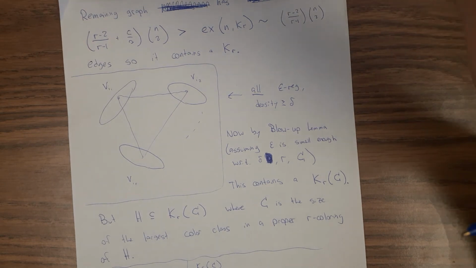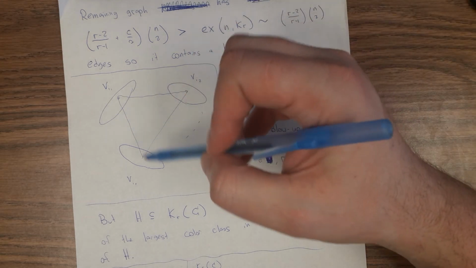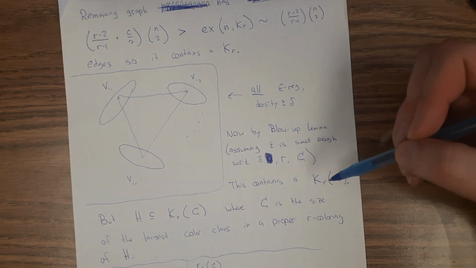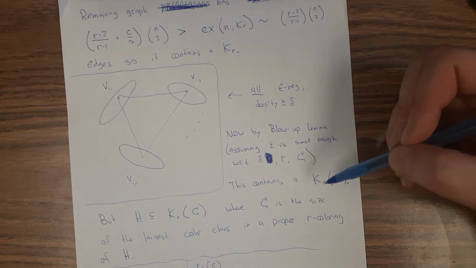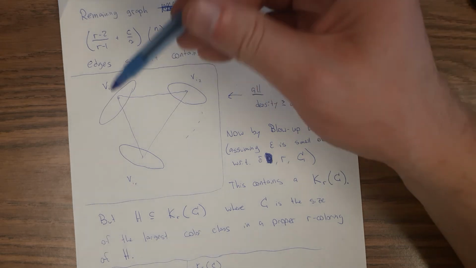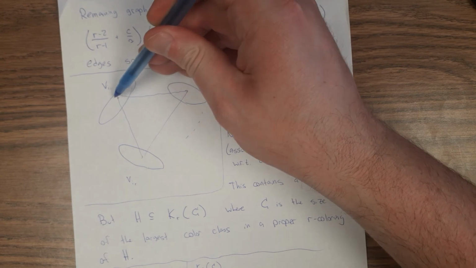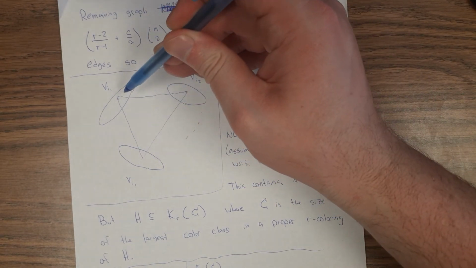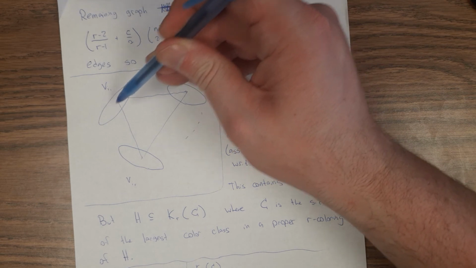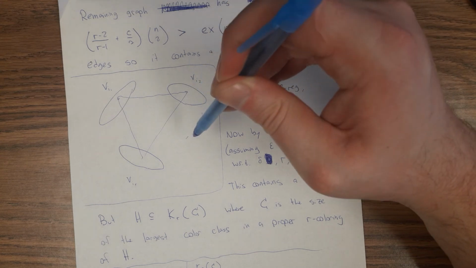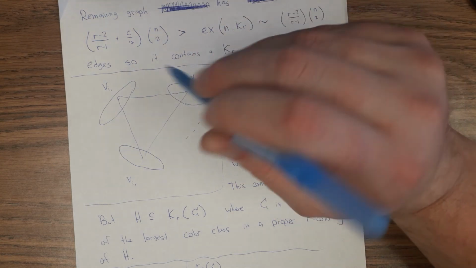So by the blow-up lemma, this graph contains K_r(C). In other words, it's a complete multipartite graph with r parts and C vertices in each part. In other words, you can find C vertices in here, C vertices in here, C vertices in each one, such that this set of C vertices is adjacent to all the C vertices here, all the C vertices here, and so on.